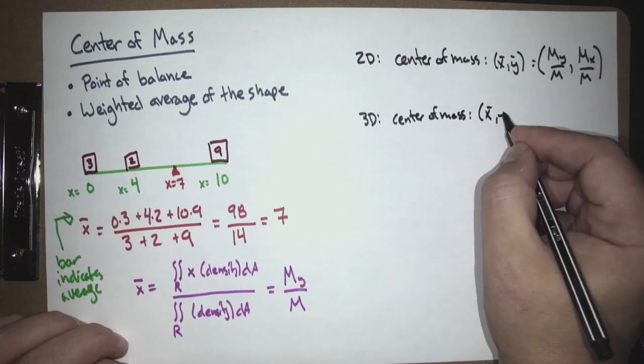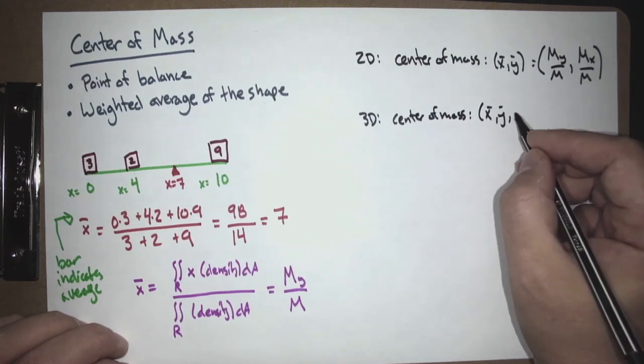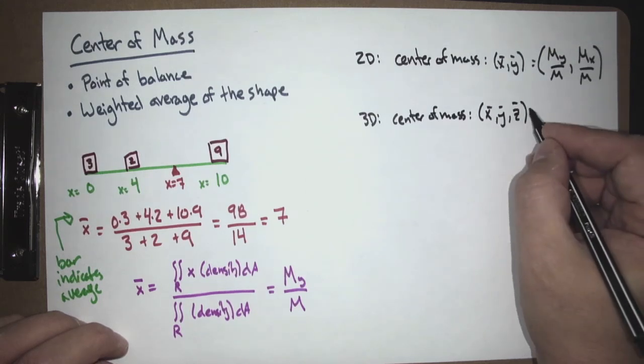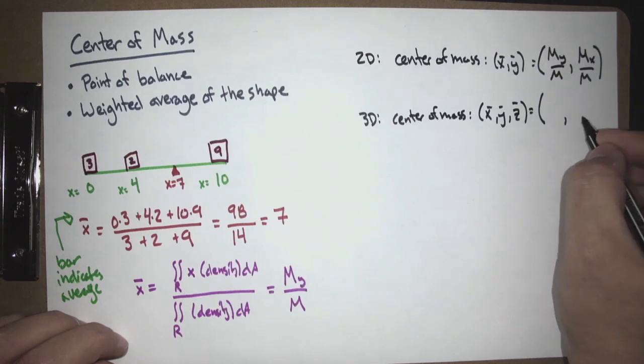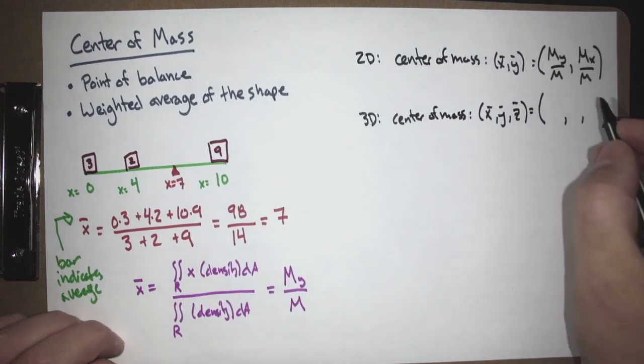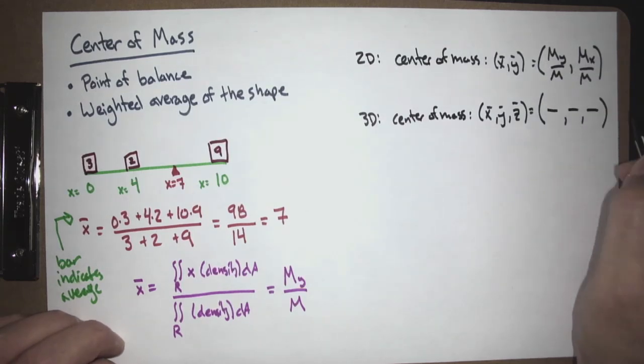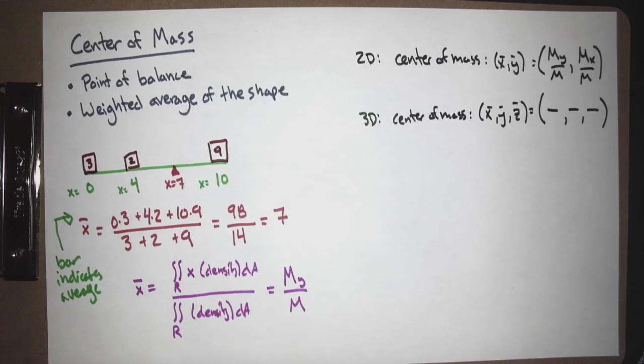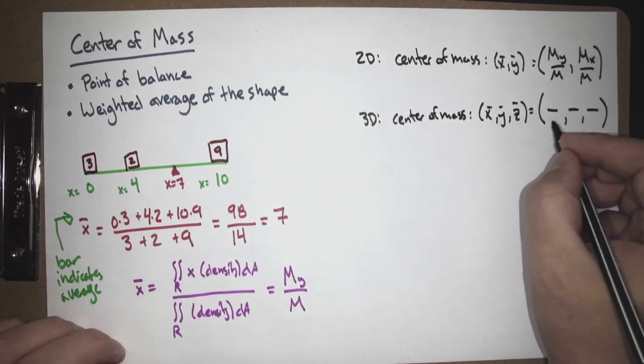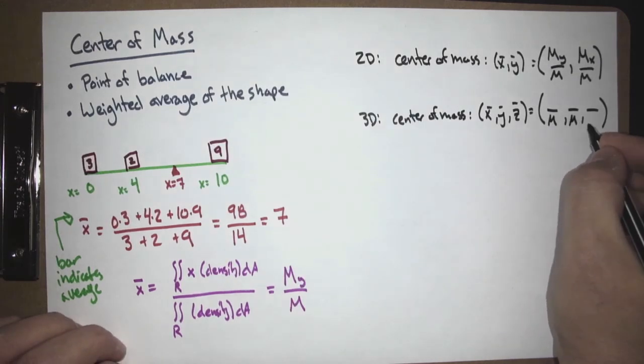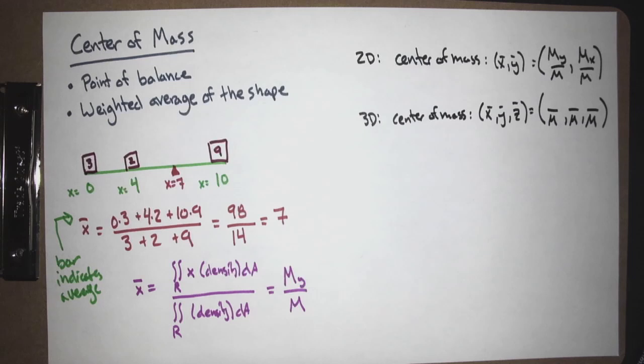Well, again, the average x, average y, average z, there's three terms. They all look like ratios. What goes in your denominators? M, the mass. That's the total mass. What goes in the numerators? Let's start with the first term.